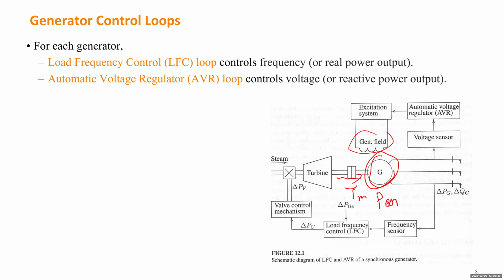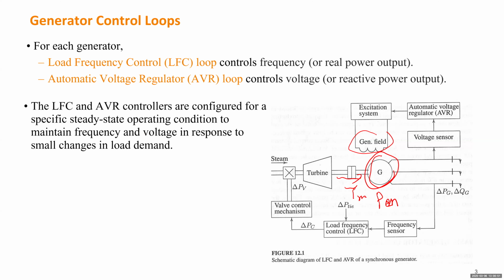Those two control loops are called the local frequency control, or AFC loop, and the automatic voltage regulator loop, or AVR loop. The frequency control loop controls real power, and the voltage control loop controls reactive power.